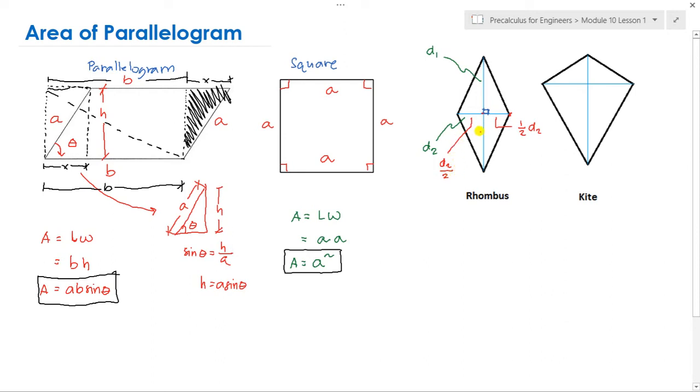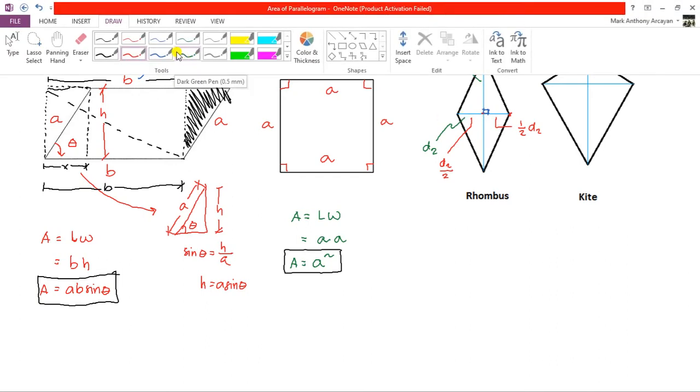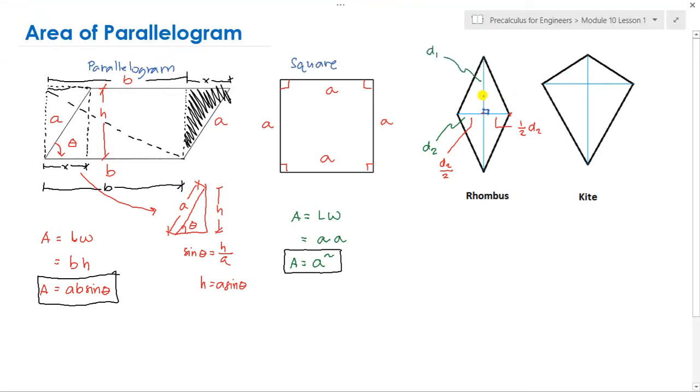And for D1, since it is the longer diagonal and it is bisected at the center, the length of the upper part is D1 over 2. And the lower part is also D1 over 2, since it is half.